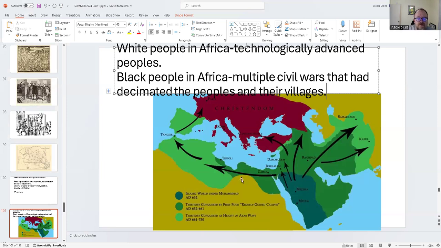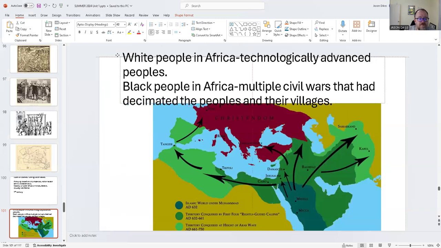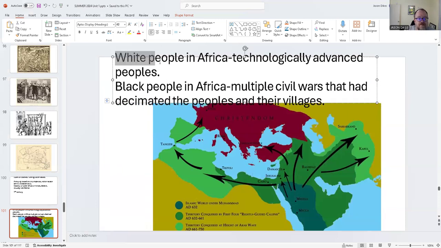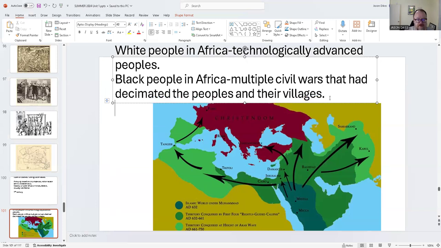And so it had been easy to enslave these decimated Africans, and it had been easy to justify it, because taking a look at these peoples in Africa who were living in a place where civil war had wiped out civilization versus the white people who had civilization, it became very easy to justify the enslavement. So that is where we start to see a slavery based on an actual racial or ethnic characteristic.